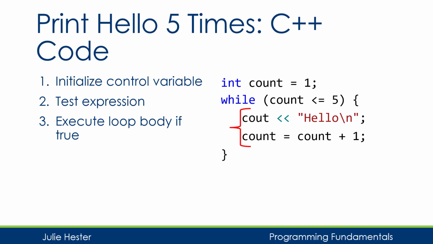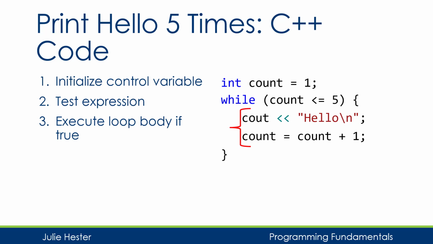So just like we had over in the flowchart, I have the same things here, but the way it's organized is the line where I'm saying while count less than or equal to 5, that was my decision diamond in the flowchart.